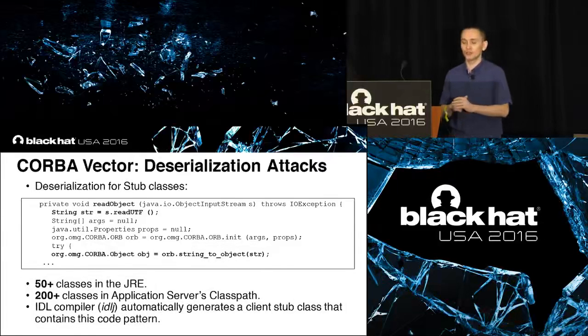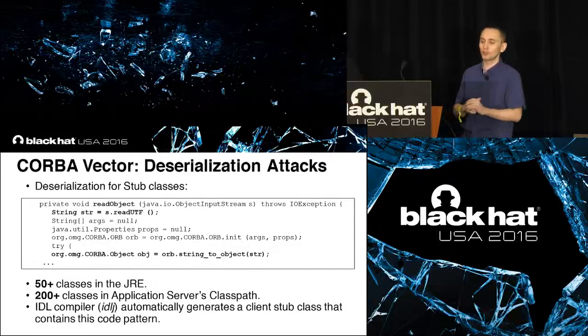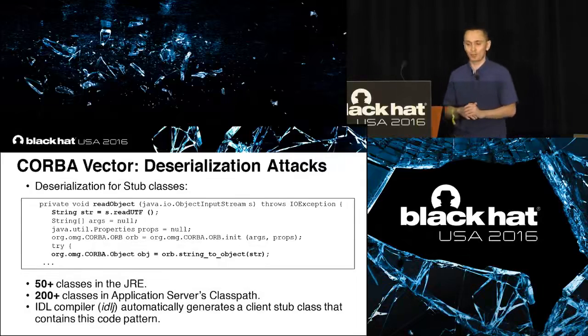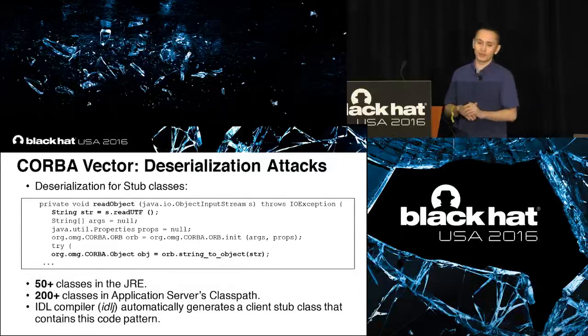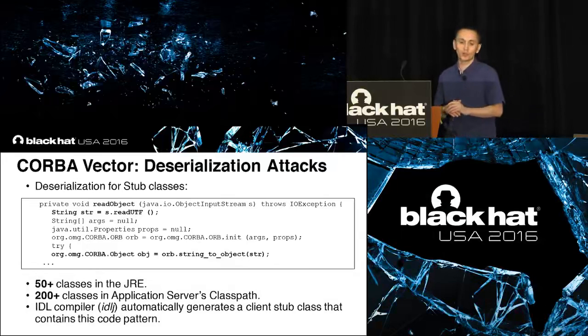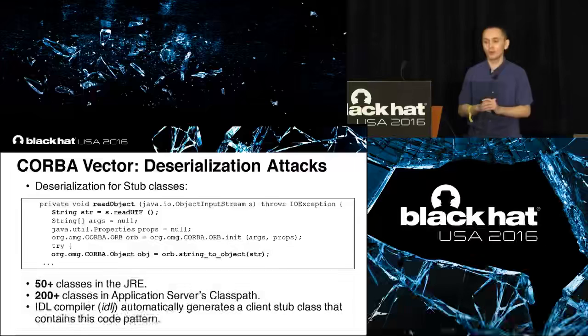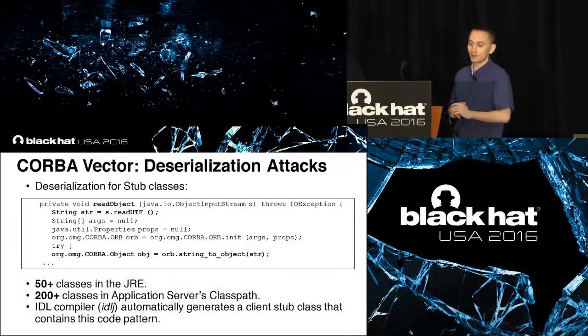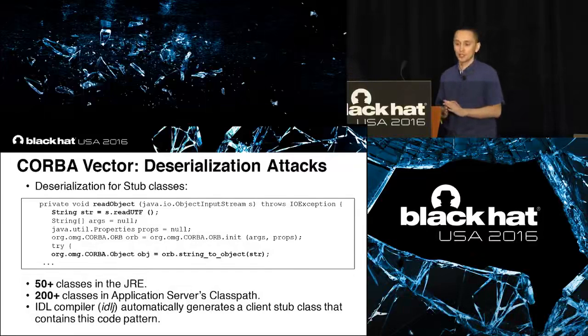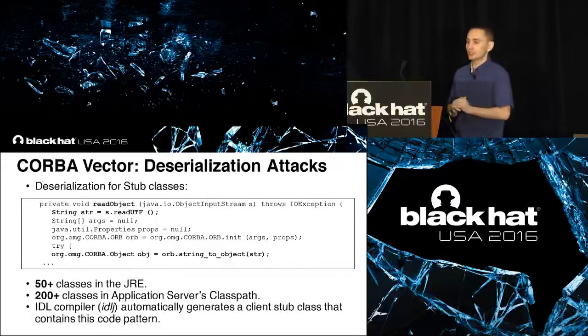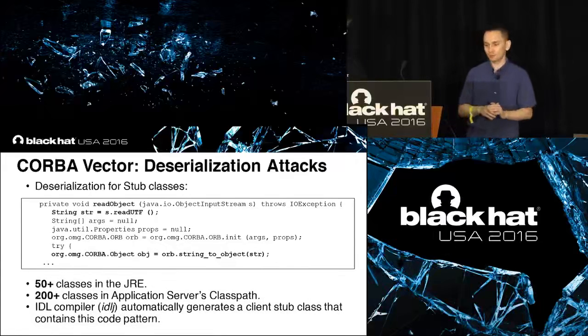They will be able to achieve remote code execution by using only this one. We have found more than 20 such classes in Oracle JRE libraries and more than 50 in OpenJDK. After our review of libraries from application servers, this number increased to more than 200. Also, we found that the IDL compiler automatically generates this code for client stub classes. So we can expect many such classes in customer libraries.